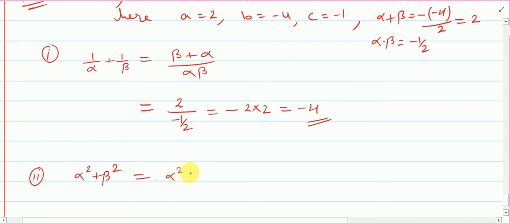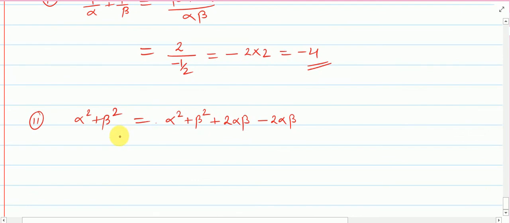So I can write alpha square plus beta square plus 2 times alpha beta minus 2 times alpha beta. Now you can see these 3 terms can be written as this.